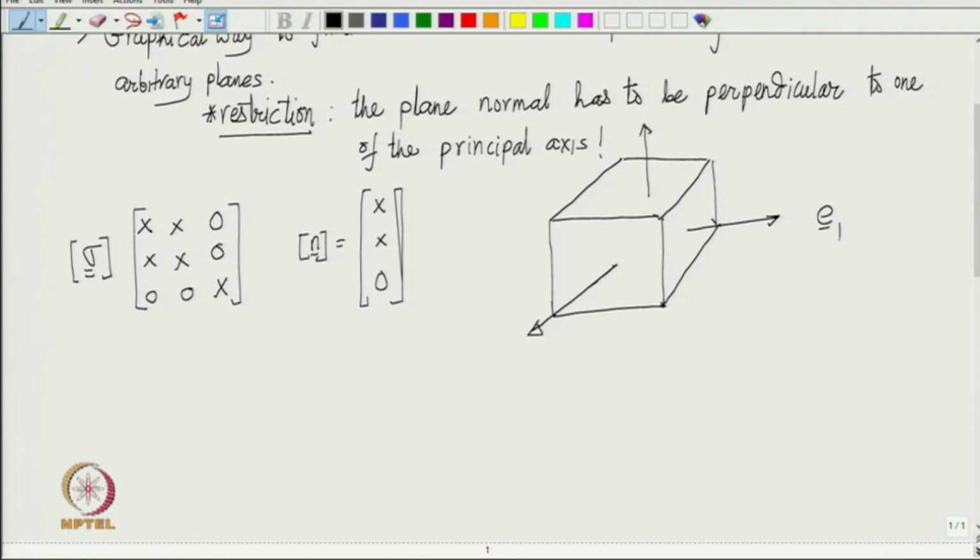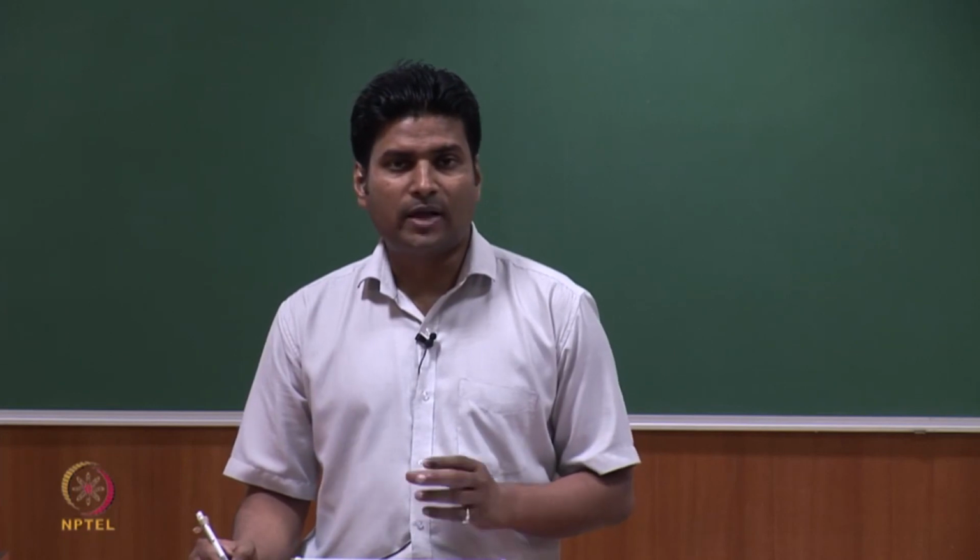So, say this is E1, this is E2 and this is E3, which is a principal axis. So, on third one we only have normal component of traction acting.